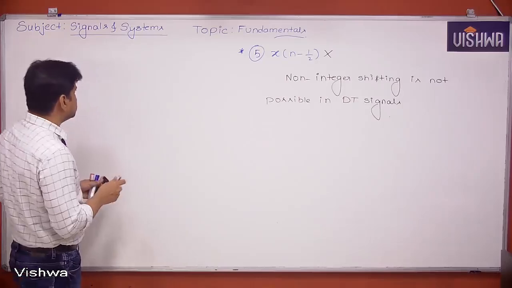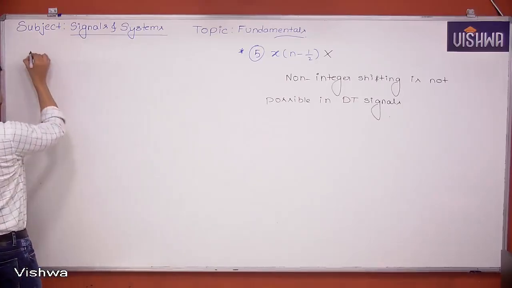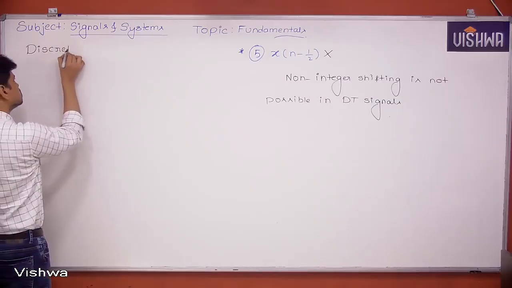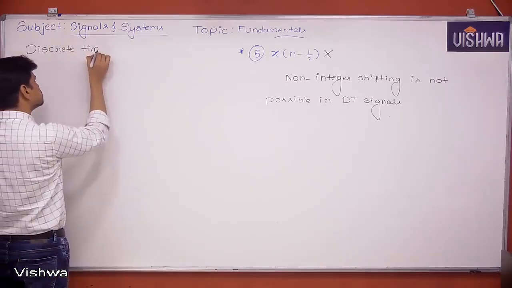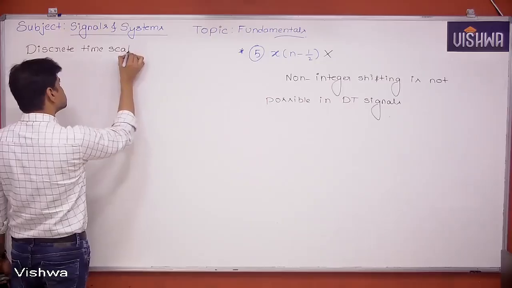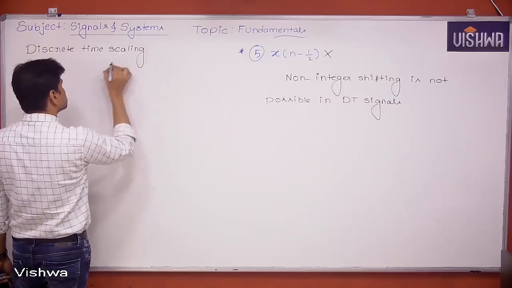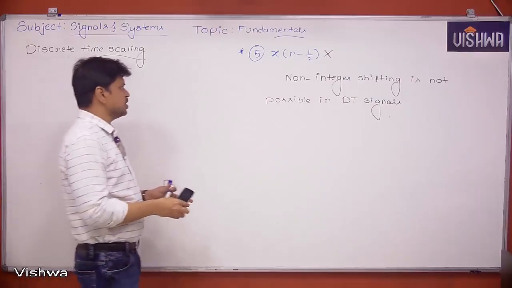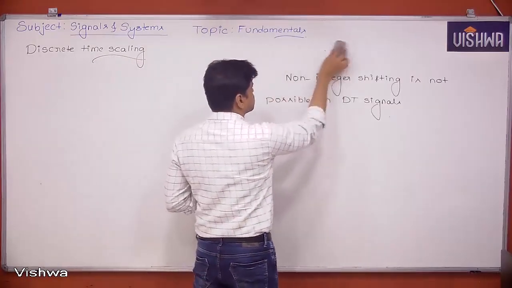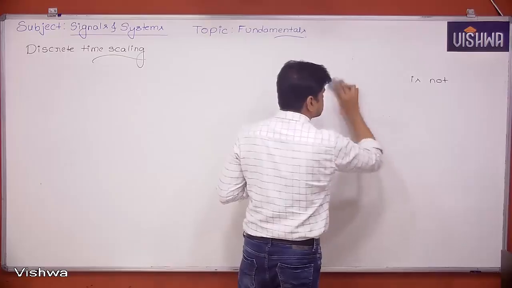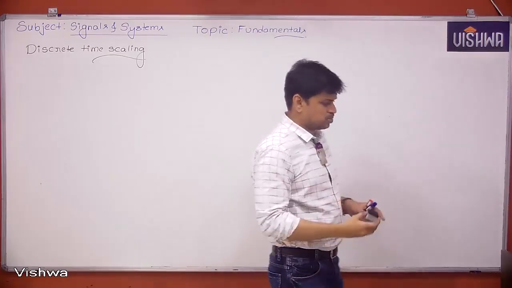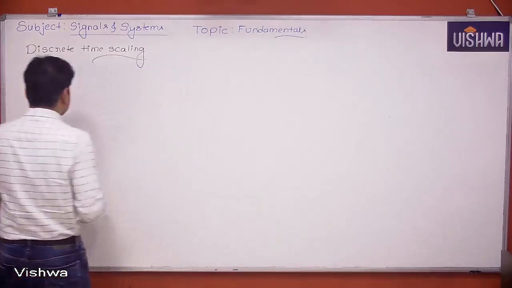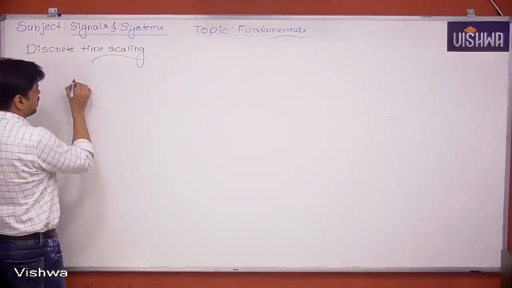Next, discrete time scaling operation, which is very important. Here x of n is given.